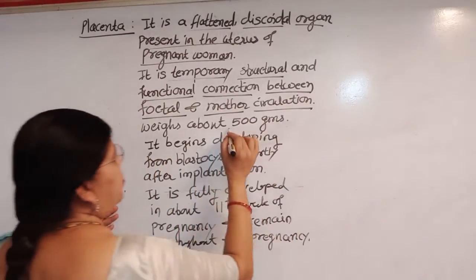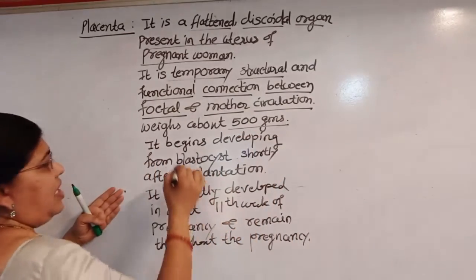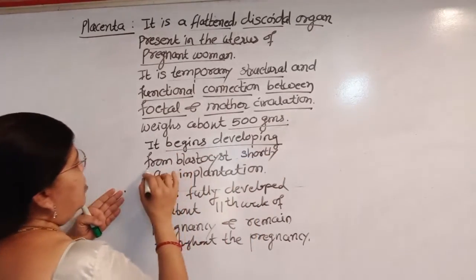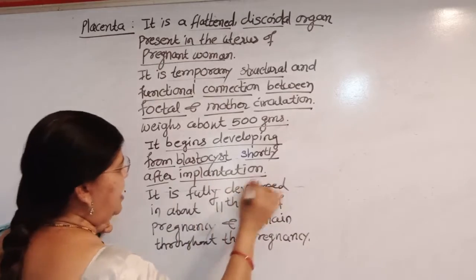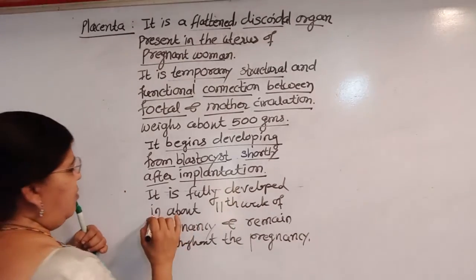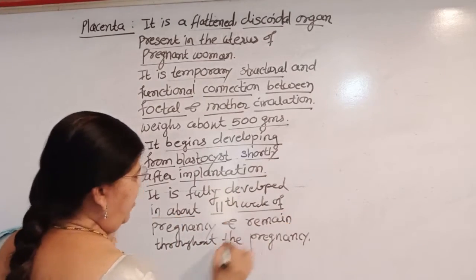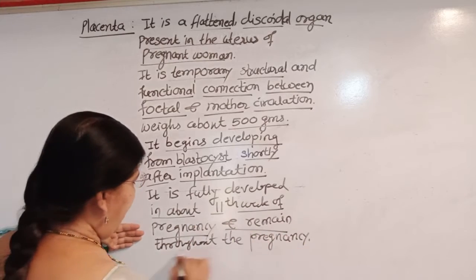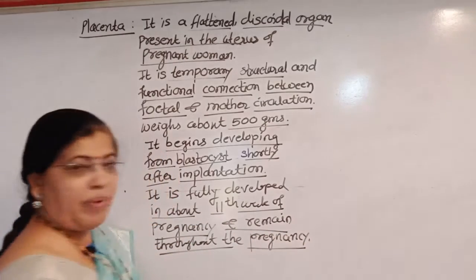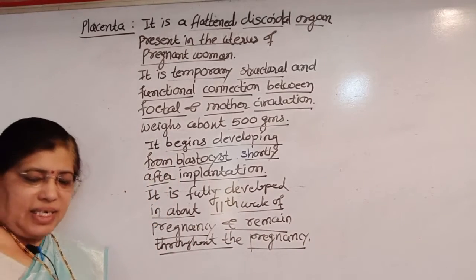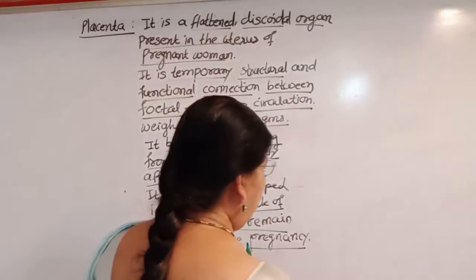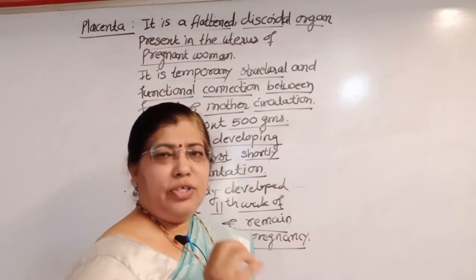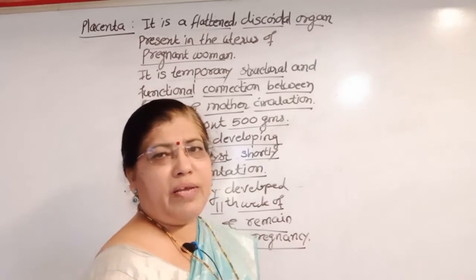Placenta weighs about 500 grams and it begins developing from blastocyst shortly after implantation. It is fully developed in about 11th week of pregnancy and remains throughout the pregnancy. Placenta is the only organ which is formed by tissues of two individuals.